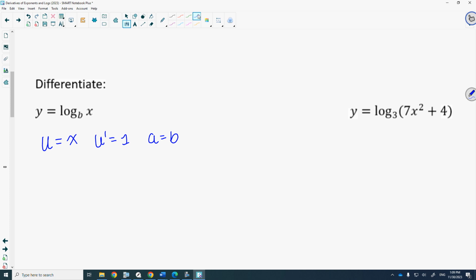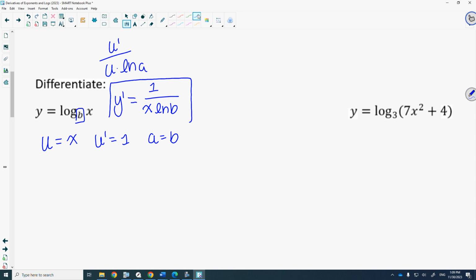So the formula, again, is that the derivative of a log is u prime over u times the natural log of a. So y prime is going to be u prime, which is 1, over u, times the natural log of whatever my base is, and my base in this example is b, and that would be the derivative.